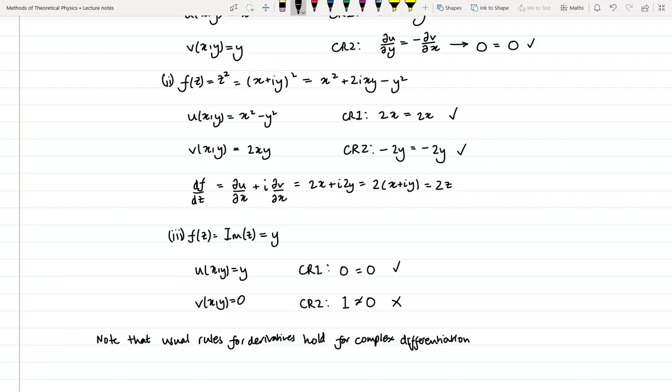And what I mean by that is things like the product rule, the quotient rule, and the chain rule. And I'm not going to prove these, but you can look in some of the books suggested in further reading on the resource list for rigorous proofs of this.